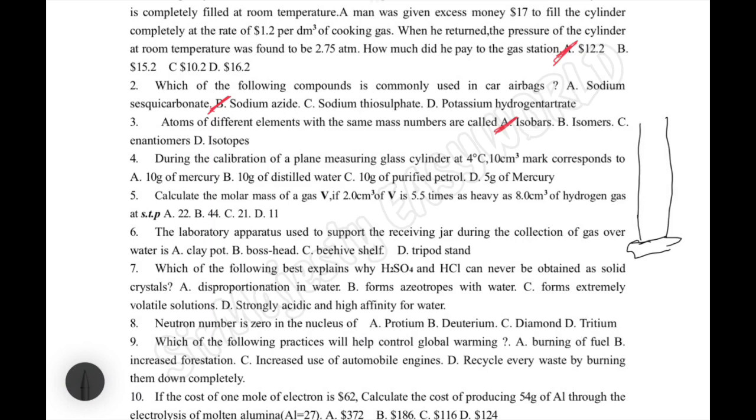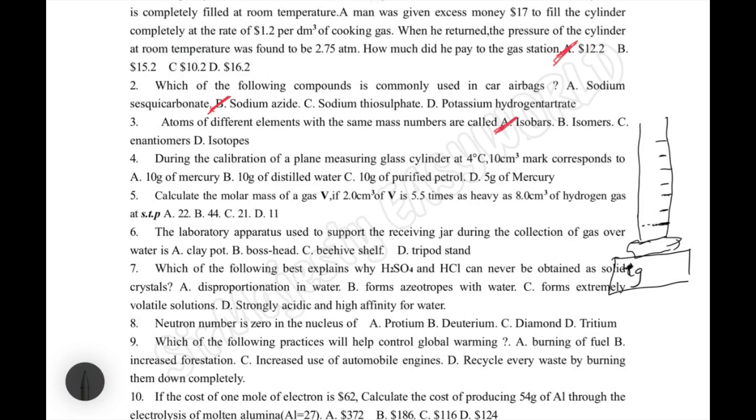If you place this measuring cylinder on a weighing balance and pour water, when it reads 1 gram, that mark is the 1 cm cube, because at 4 degrees the density of water is 1 gram per cm cube. The same applies: 2 grams will be 2 cm cube, 3 grams will be 3 cm cube, until the 10 grams mark.